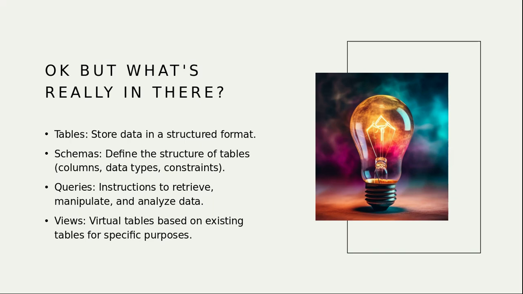So inside those big machines that you saw, these computers, there's a service that's running. And this service consists of these entities that you see here: tables, schematics, queries, and views. Now, as we mentioned, all information is arranged in tables. So your database is full of these tables. There is a schematic, which is sort of like a blueprint that shows the structure of essentially all your tables.